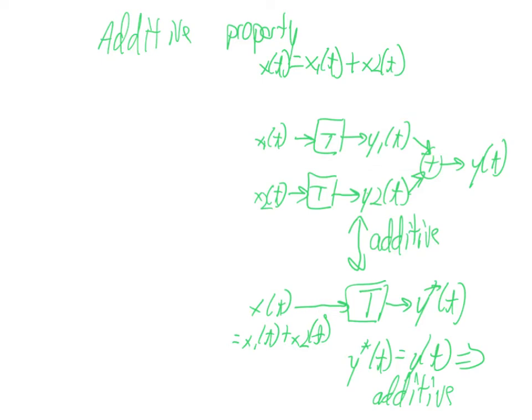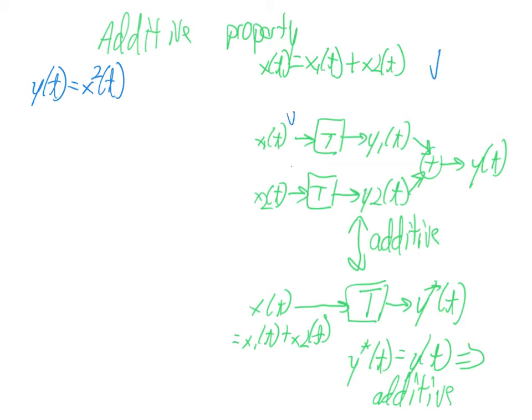Let me give you an example of a system that is not additive, and we will prove that it is not additive. y of t is equal to the value of x at t, squared. So now if we trace this through, we have a rule for calculating the output from the input. We have x equal to x1 plus x2.